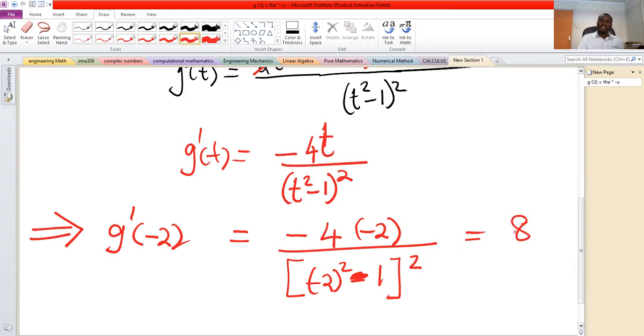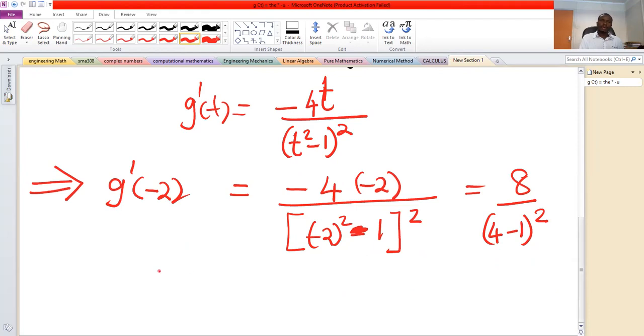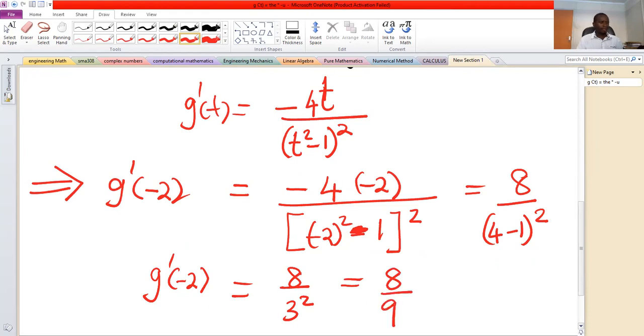So this will be 8 over 4 minus 1 squared, and 4 minus 1 is 3, so it will be 8 over 3 squared, which will be 8 over 9. So that's how we solve that problem.